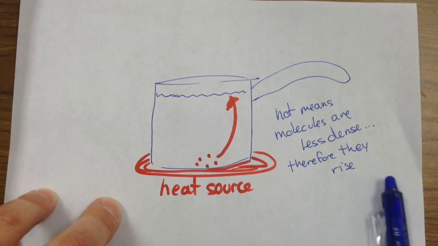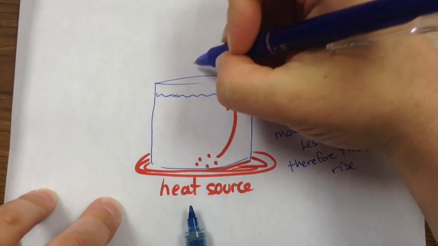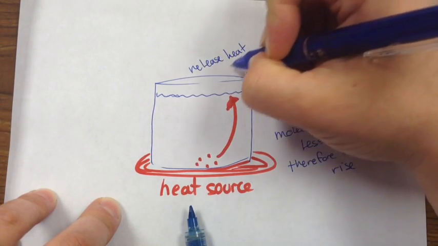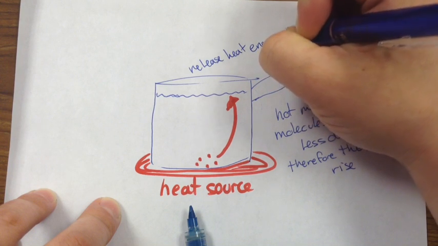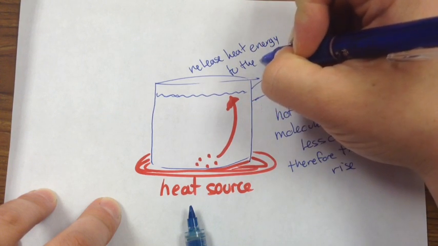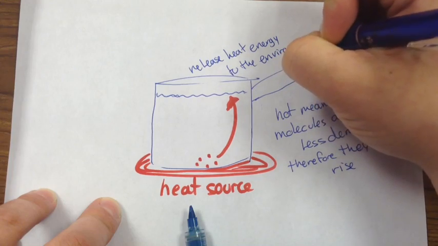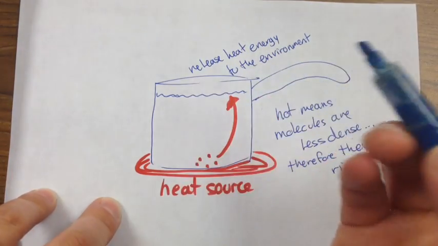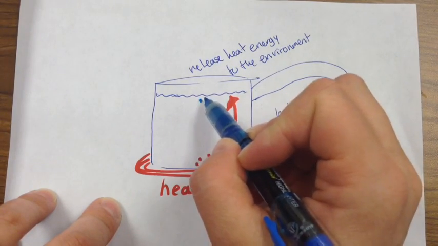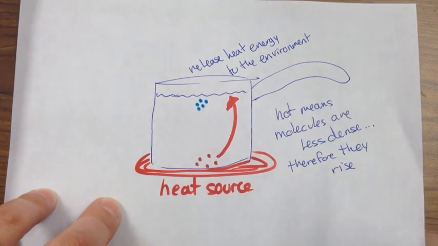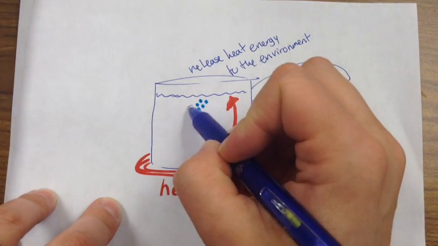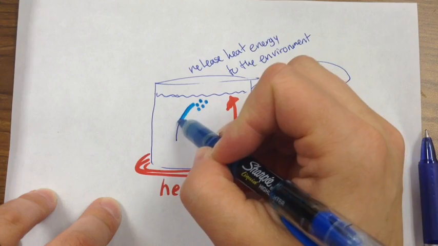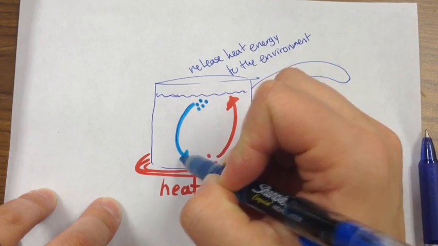Now, when they get to the top, they are near the surface and they will release heat energy to the environment, where they will therefore cool off and become less hot. And when they're less hot, they are more dense. Resulting in them sinking.